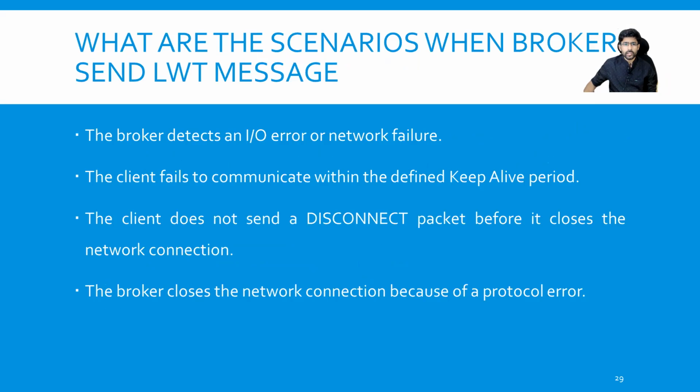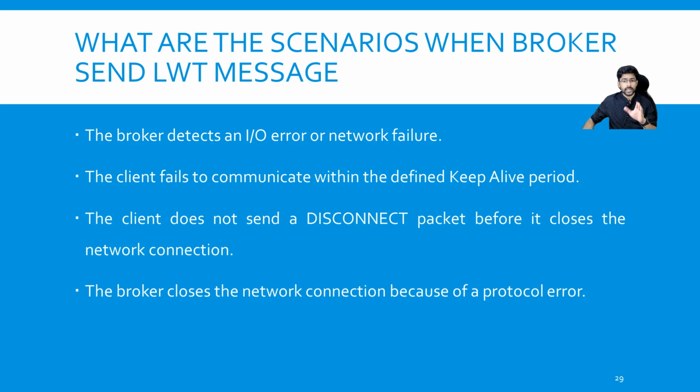So what could be the scenarios in which the broker sends the LWT message to the subscribers? Once the broker detects an I/O error or network failure from the publisher, or the client fails to communicate within the defined keep alive period. For example, keep alive by default is 60 seconds. In that case, if it fails to communicate, again you are going to receive the last will payload. Then, the client does not send a disconnect packet.